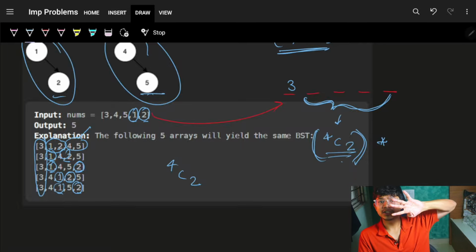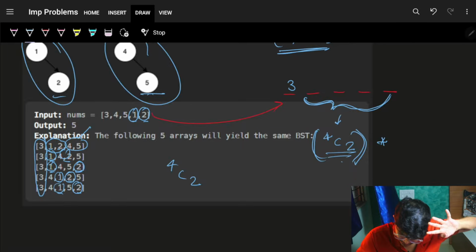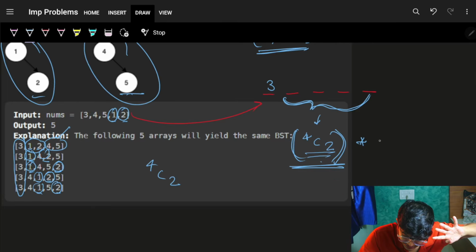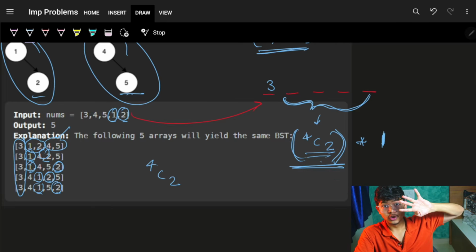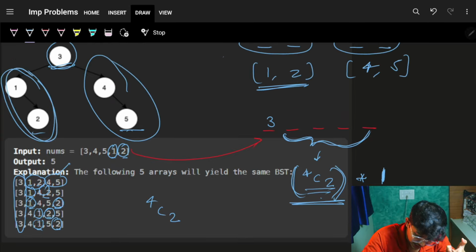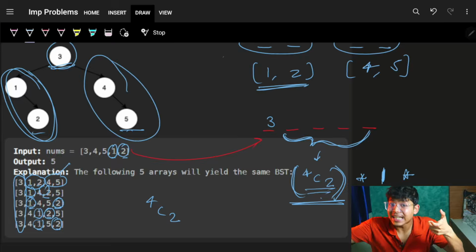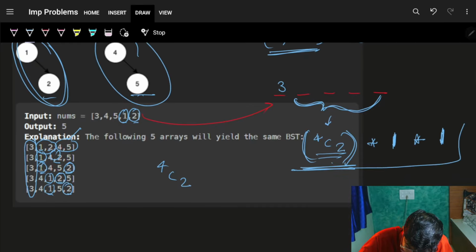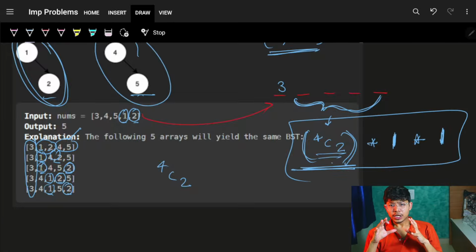I have 4 positions, I can choose any 2 positions for left. That is 4C2, and ultimately the remaining will be for right. But in that, to order the left, it is one way. To order the right, it is again one way. That is how you build your formula.